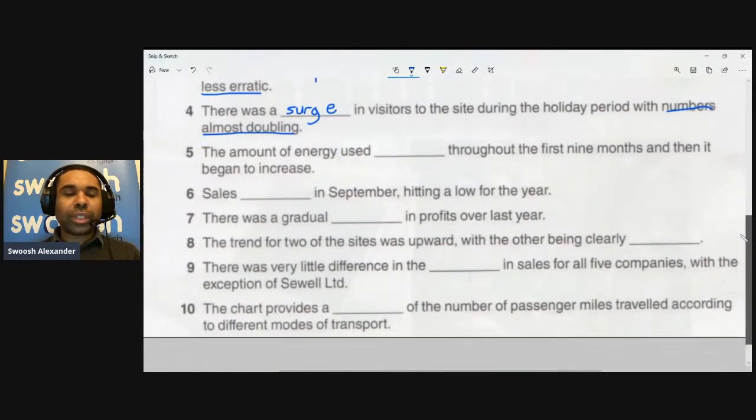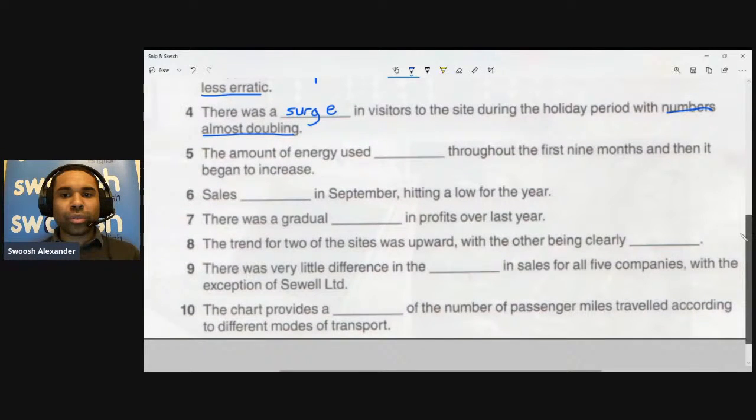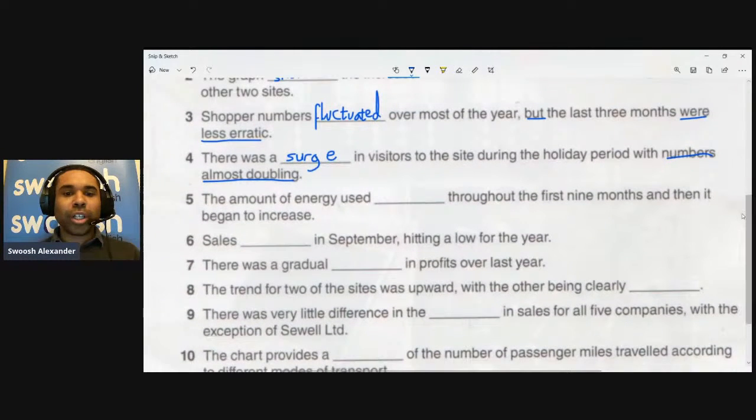For number 5, the amount of energy used blank throughout the first 9 months, and then it began to increase. Okay, so the contrast is here. Then it began to increase. So it did something different to that previously.